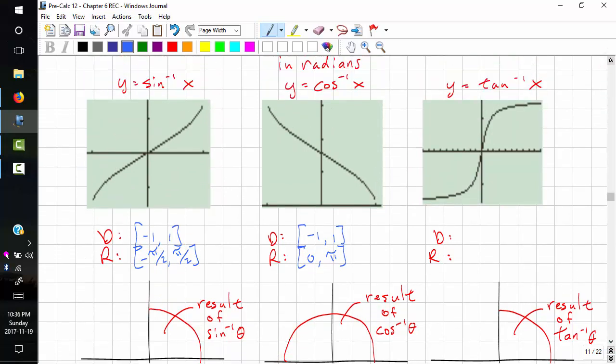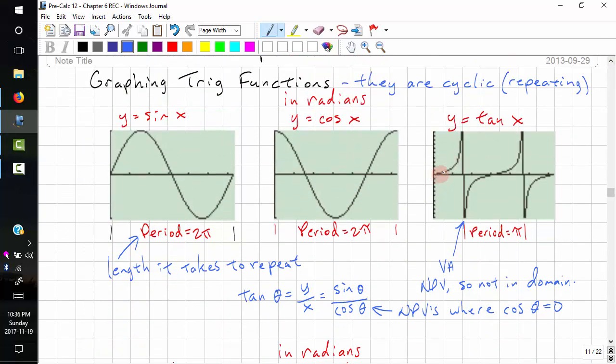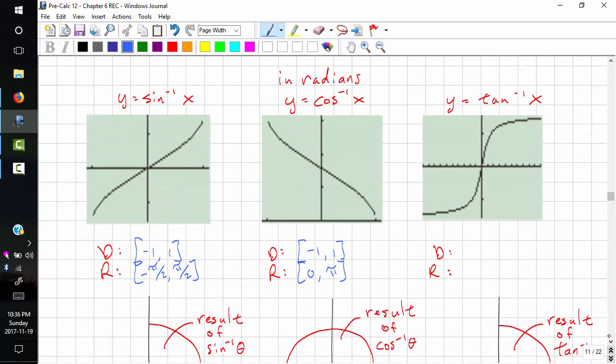And tangent, again, we want the reference angle, and it doesn't connect to this part, so we'll have to go backwards. So the domain for inverse tangent is all reals, and the range is -pi/2 to pi/2.